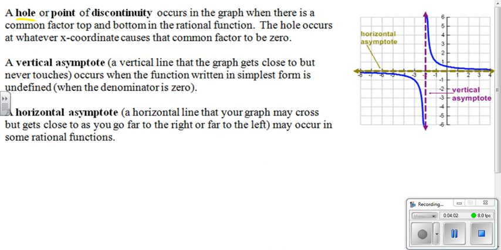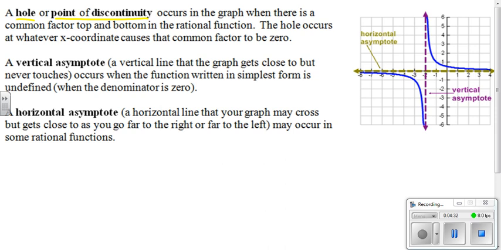So again, a hole or point of discontinuity occurs when in our function we can take out common factors. Whatever x-coordinate causes the common factor to be 0, that's where the hole is going to occur. A vertical asymptote is the imaginary line where the function gets very, very close to but will never touch, and we can find that by finding a factor in the denominator that we would set to 0.